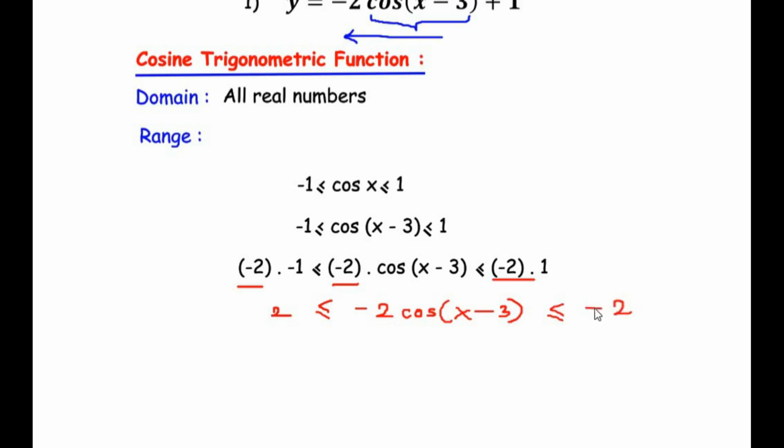Since -2 is a smaller number and 2 is a bigger number, we are going to swap their places. So 2 comes over here and -2 comes over here. So let me rewrite it. So we have here -2 ≤ -2 cos(x - 3) ≤ 2. So we have swapped the places.